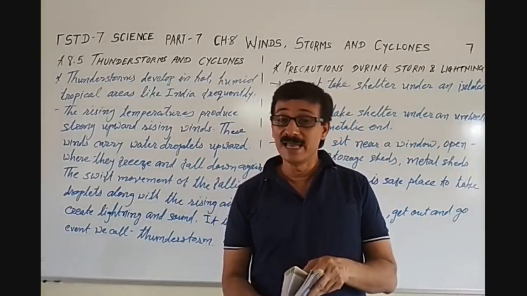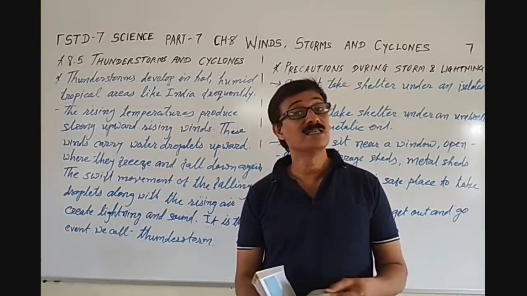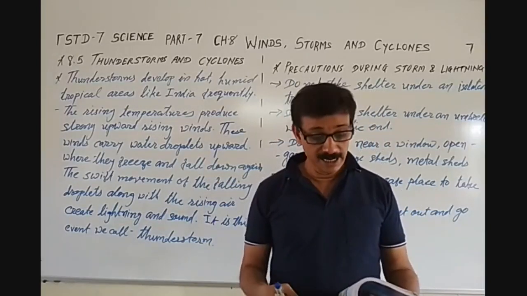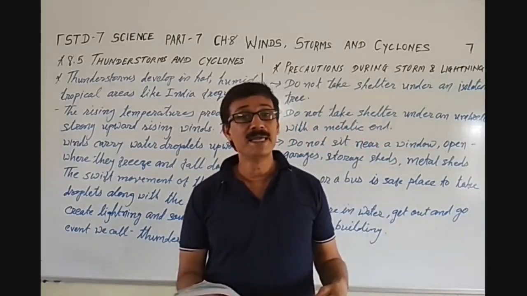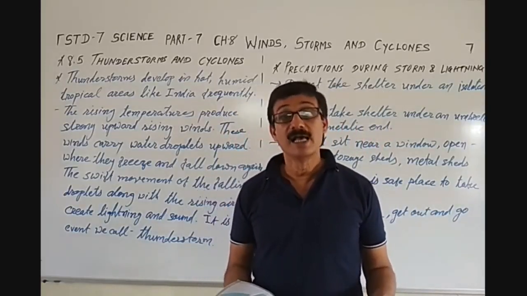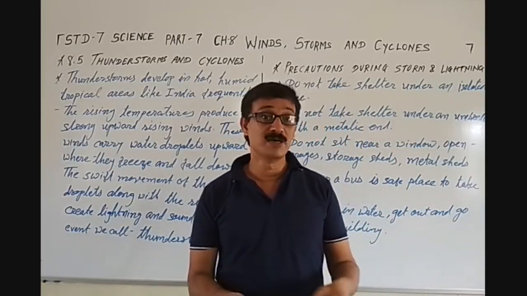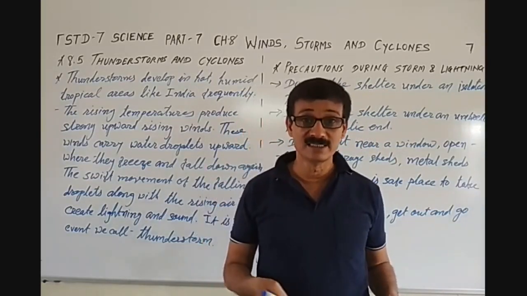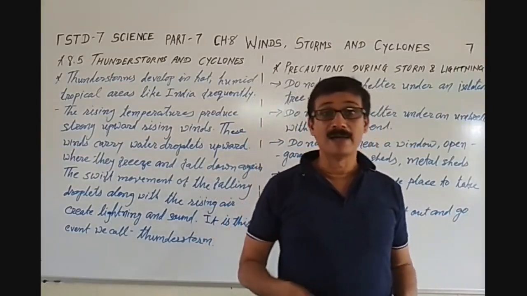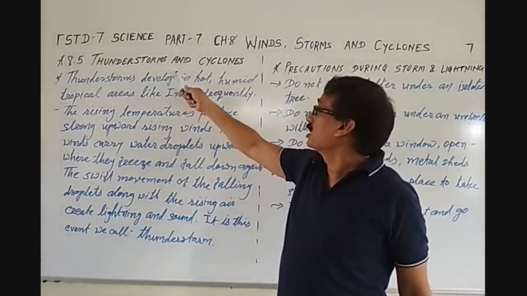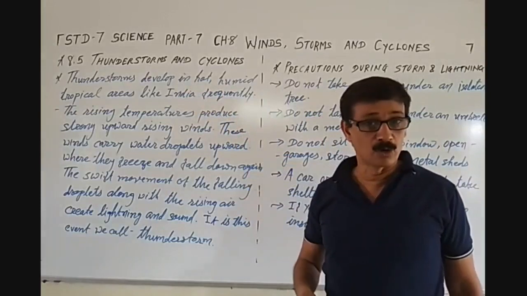But rain sometimes creates disasters. Too much rain may create many problems, such as flood situations, and sometimes you must have seen lightning and thunderstorms. So in this part, we will discuss thunderstorms and cyclones.